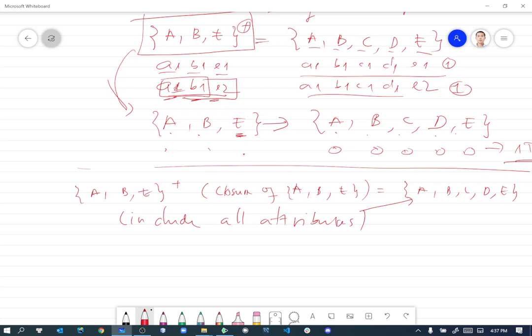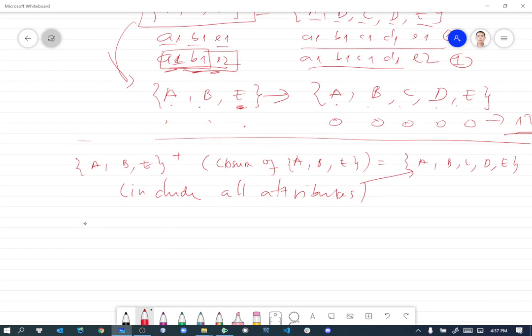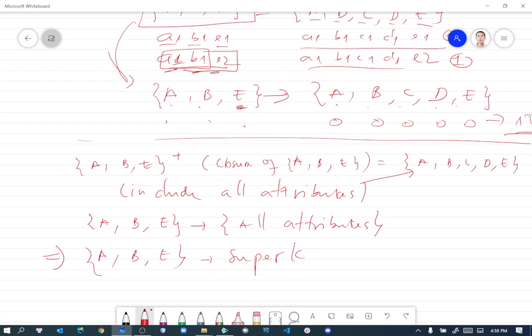It includes all attributes, which also means that A, B, E determines all attributes, which means that A, B, E is a super key.